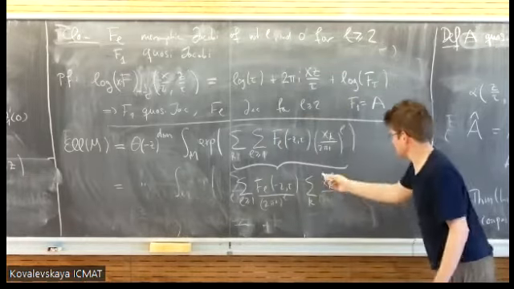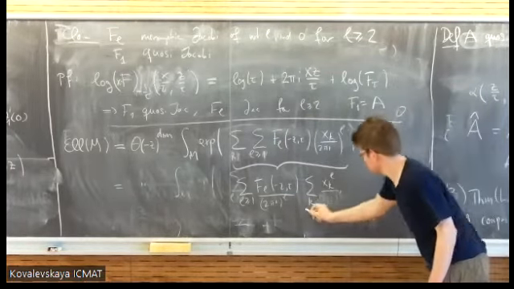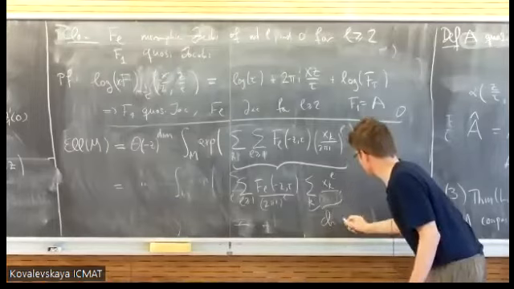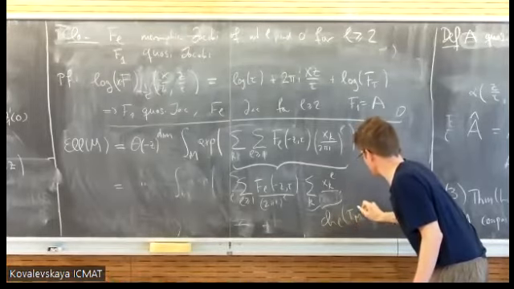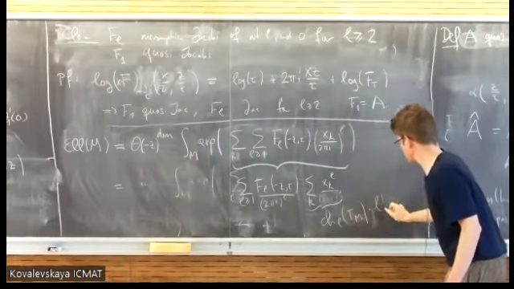And this, of course, are the Chern characters. So this is the Chern characters: the l-th Chern character of the tangent bundle multiplied with a factor of l.